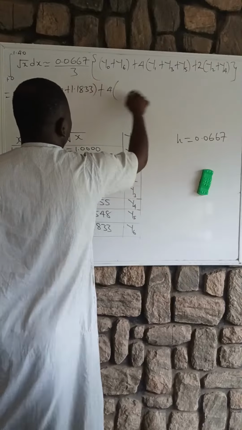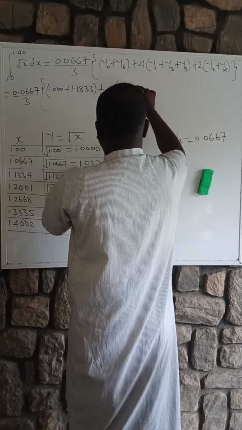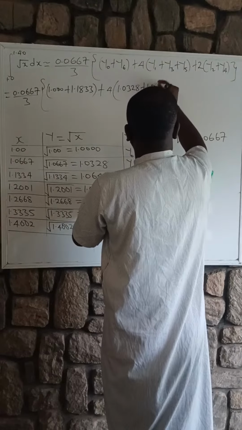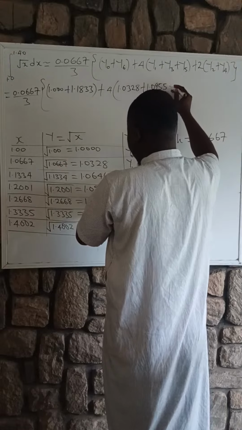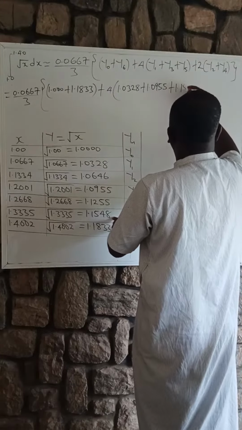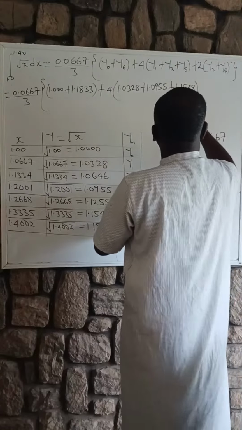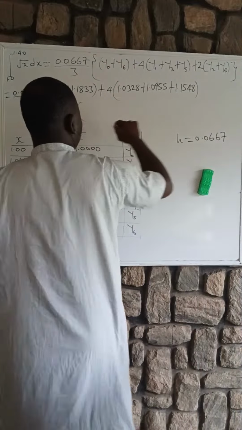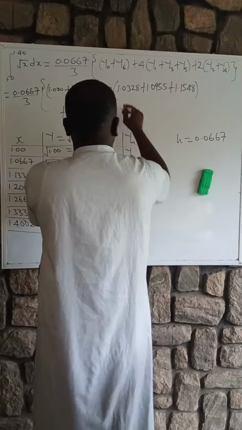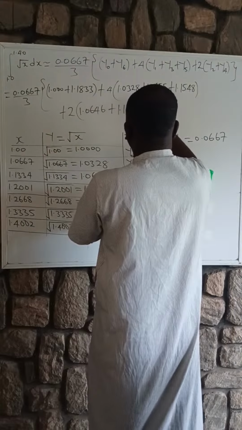Plus 4 open bracket y1 is 1.0328 plus y3 is 1.0955, then plus y5 is 1.1548, close the brackets, then plus 2 open bracket y2 is 1.0646, y4 is 1.1255.